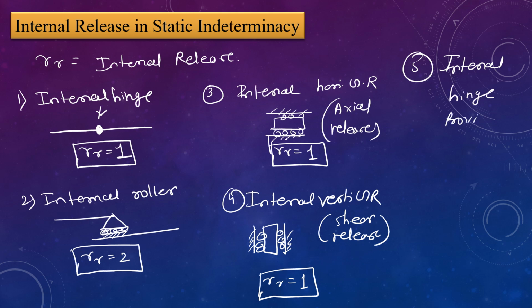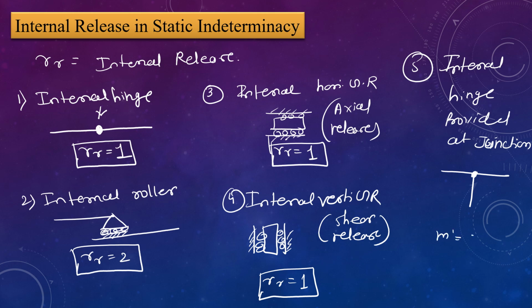Then next and last, which is very important, is an internal hinge provided at a joint or junction. This is the junction present in any kind of frame and truss. On this junction, three members meet.